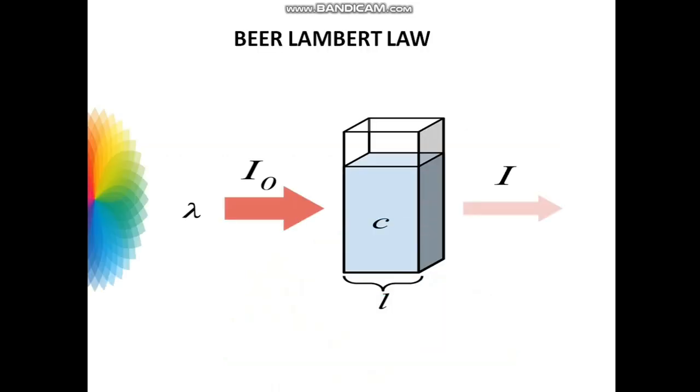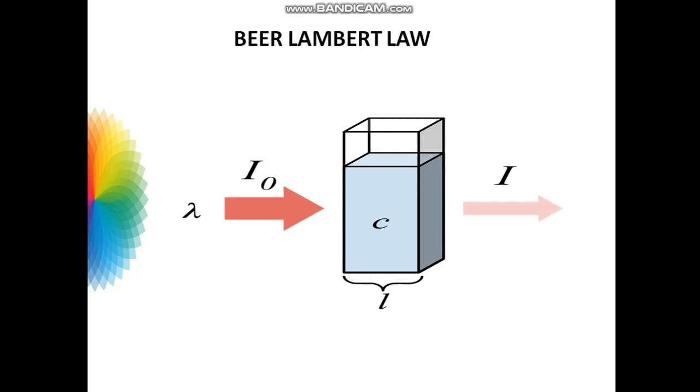Before you know what this Beer-Lambert law is, whenever you pass a monochromatic light into a sample solution of certain concentration, a certain amount of the radiation will be absorbed and the remaining will be transmitted. I naught here represents the intensity of the incident radiation, and I here represents the intensity of the transmitted radiation.